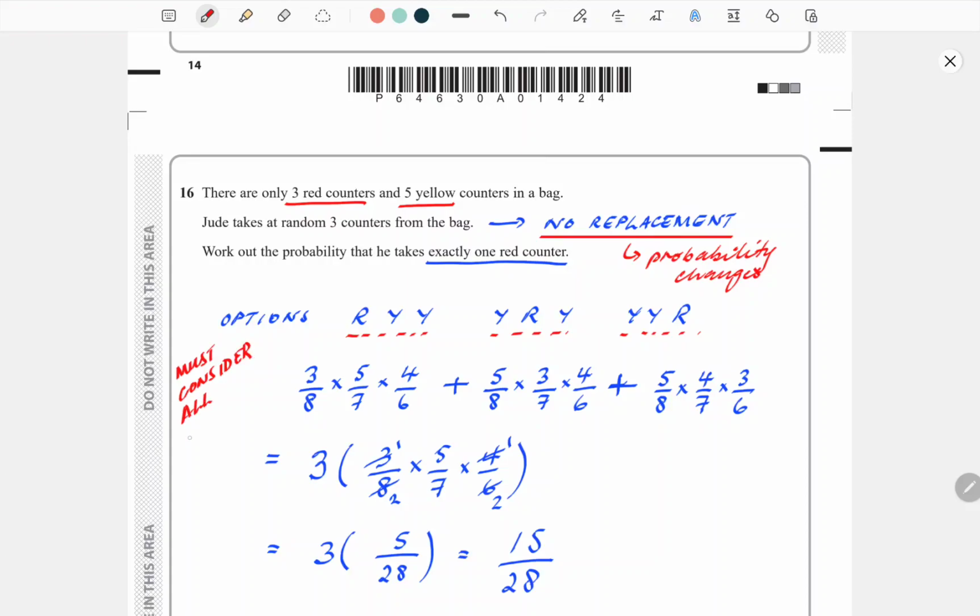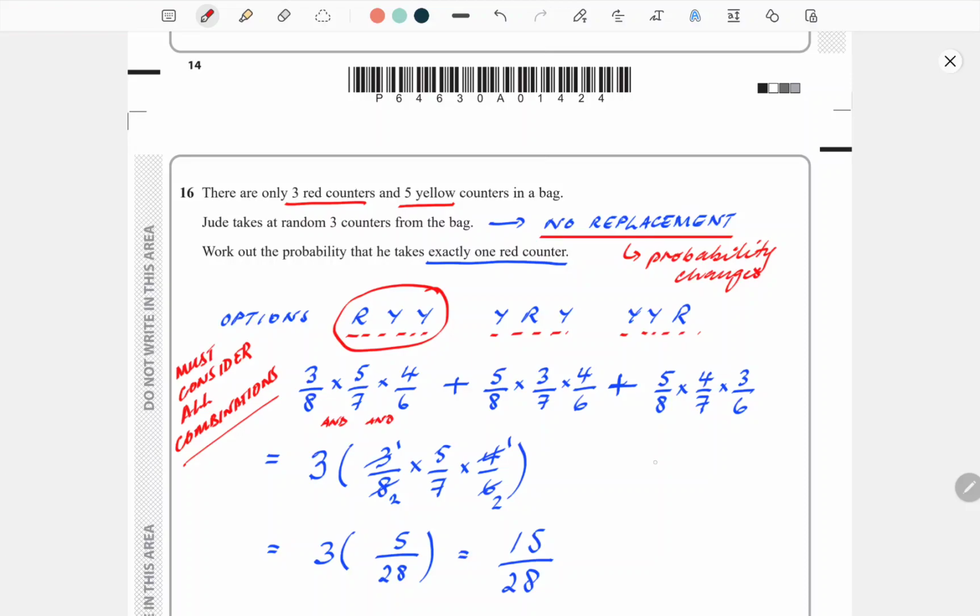And the proper term for it is actually combinations. Okay, so let's look at the red, yellow, yellow option first. What we have is the probability of picking a red and a yellow and a yellow.